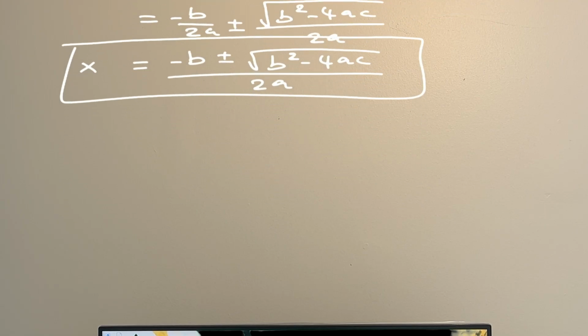So now, if we didn't know what our answer was, we can find out. We can write the equation again. The equation was x squared minus 2x minus 15 equal to 0. Remember, a is equal to 1, b is equal to negative 2, and c is equal to negative 15.